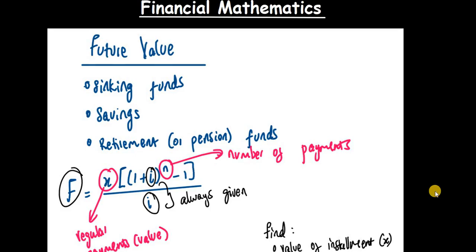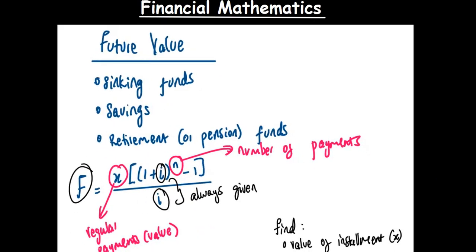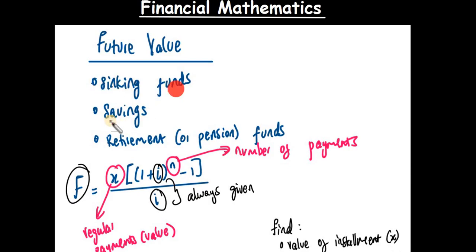Now, when you're working with the formula for finance, one of the things you need to take note of is that this is applied when you're dealing with sinking funds, savings or retirement funds. Remember, this is the money that is paid regularly into an account, in equal payments.